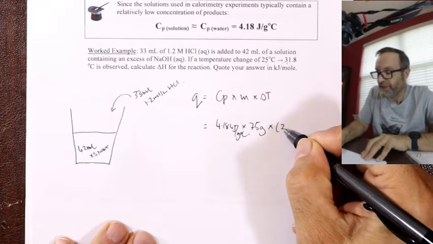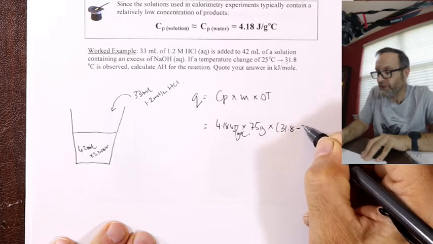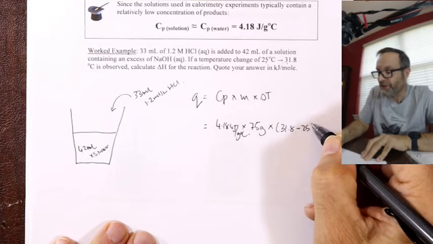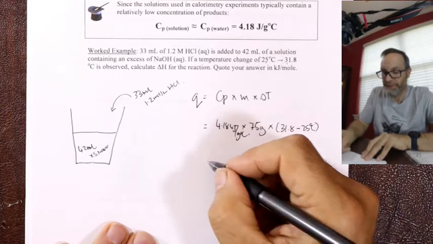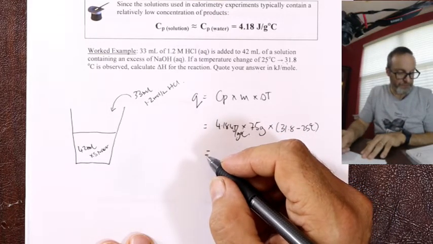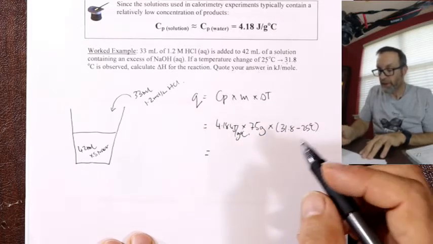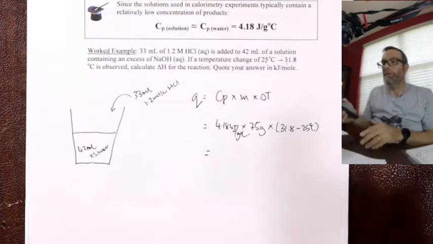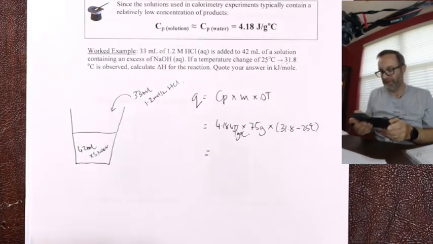Maybe I'll do the whole math here. 31.8 minus 25, final minus initial. Equals, what do we get? I have to do it on my phone real quick.